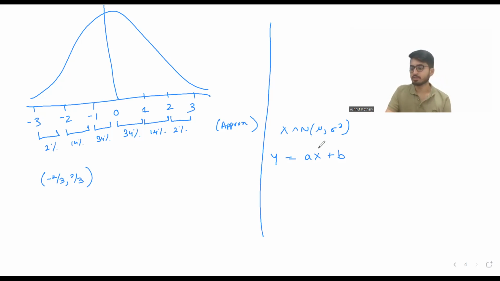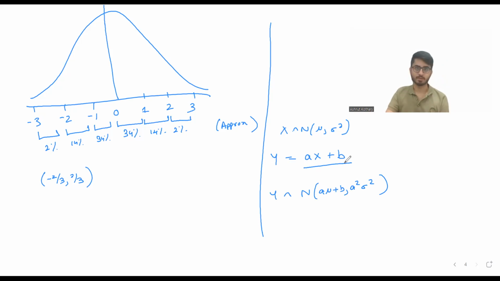That is, any sort of linear adjustment to a normal distribution gives a resulting distribution that is also normal in nature. If X follows normal mu comma sigma square, Y will follow normal a mu plus b comma a square sigma square. We can directly use the results which we had studied in the class random variable.